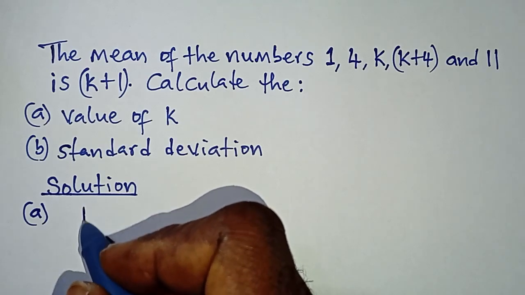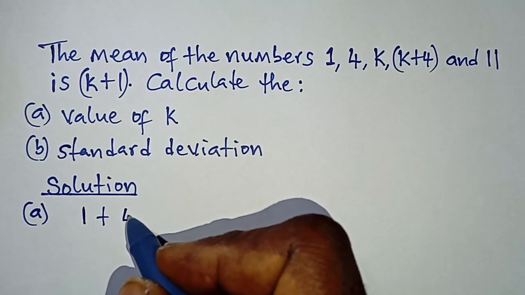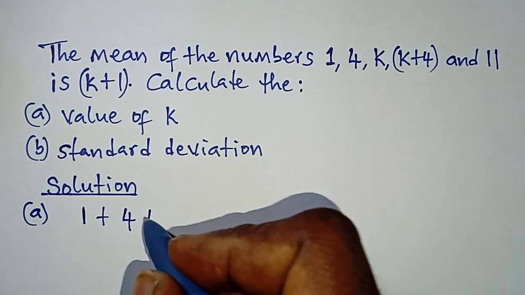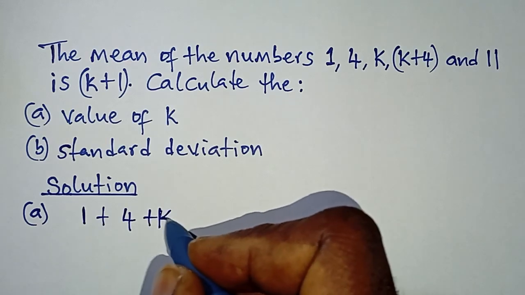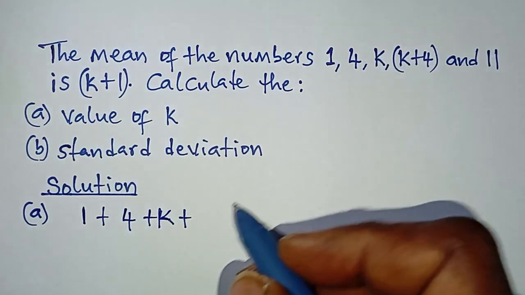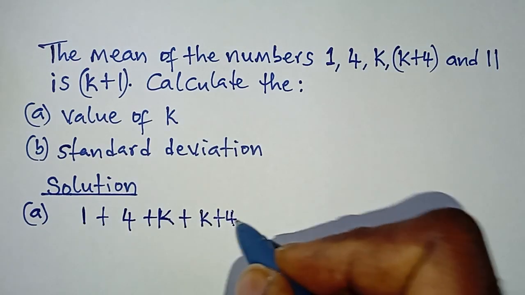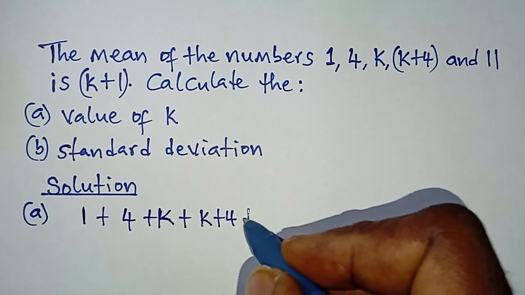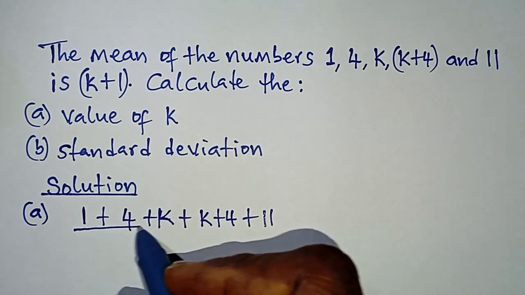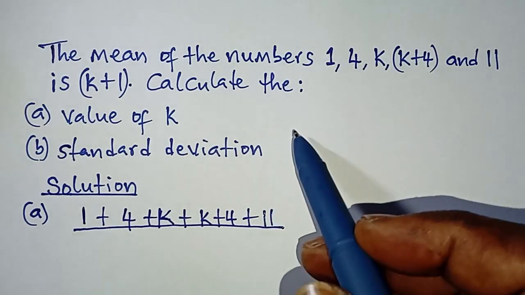So I'm going to say 1 plus 4 plus k plus k plus 4, and then plus the last number, which is 11, all divided by how many numbers we have in the data.